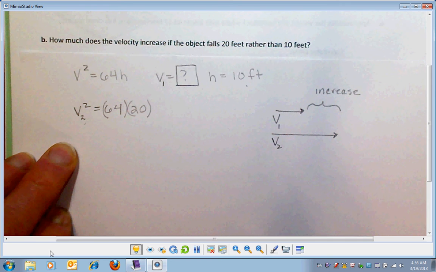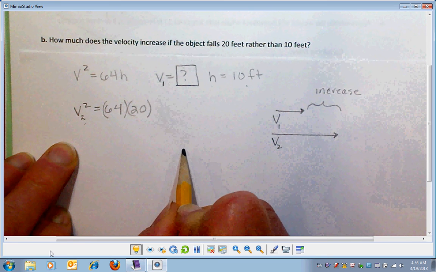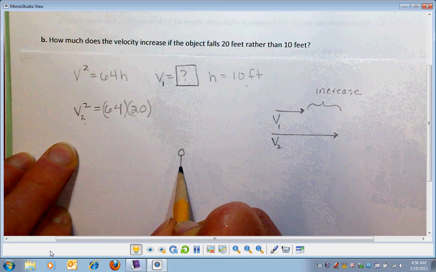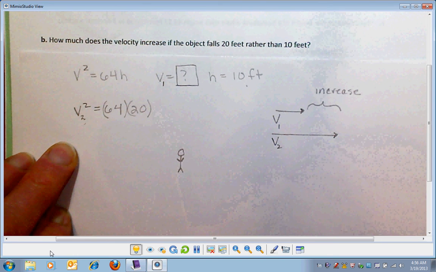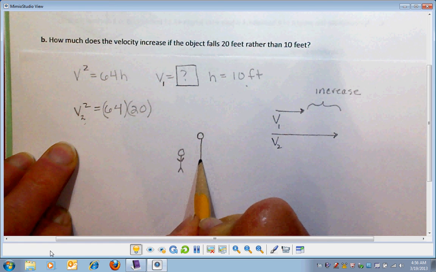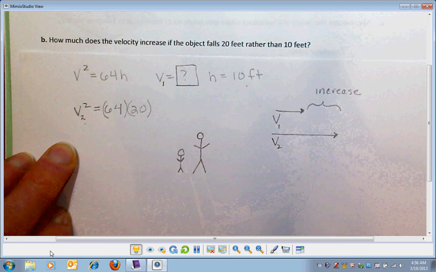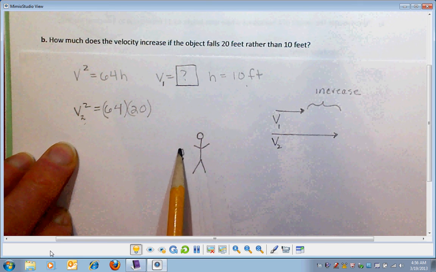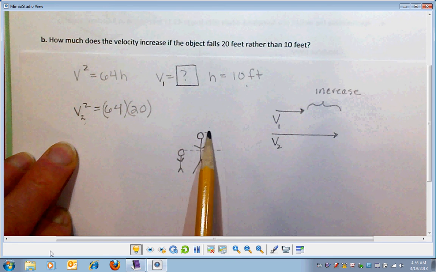For some of you who are struggling with this, let's think about it this way. If I have two people, and that person's that tall and this person is this tall, well, let's think of it this way.